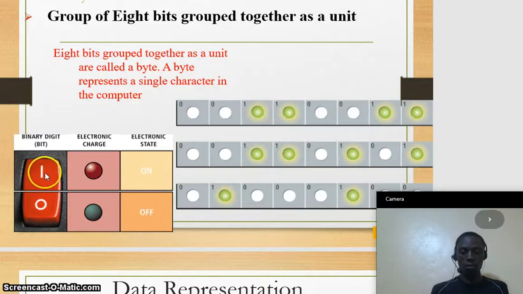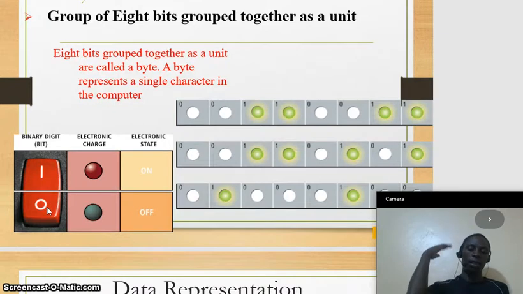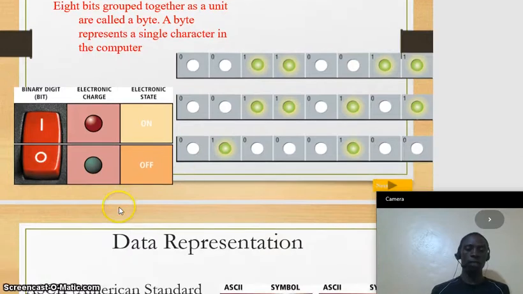Your switch can be either on or off. If you're going to charge your computer and you plug in the cable, you either put the socket on or you leave it off. When you put it on, it will charge. When you leave it off, it will not give you any charge.